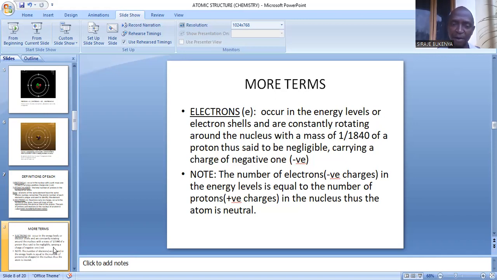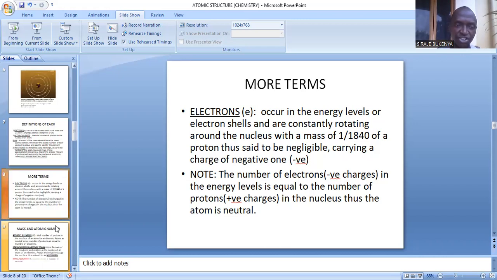You have to remember that the number of electrons with a negative charge, the energy levels, are equal to the number of protons with a positive charge in the nucleus. Thus, you find that the atoms are going to be always neutral.